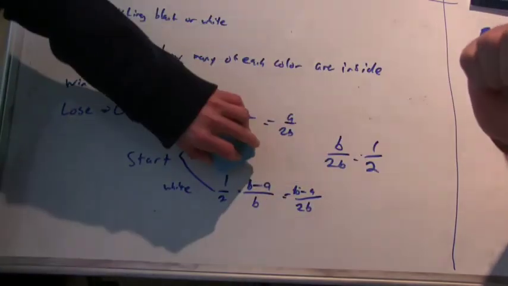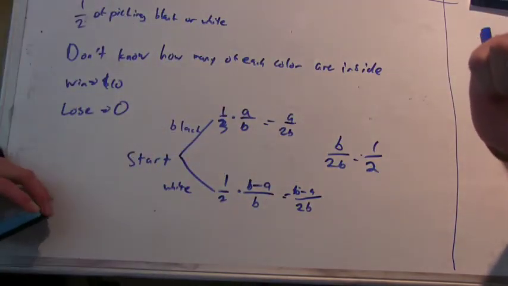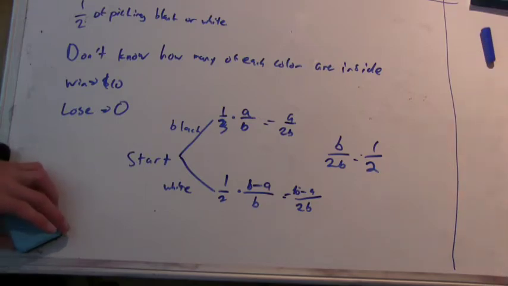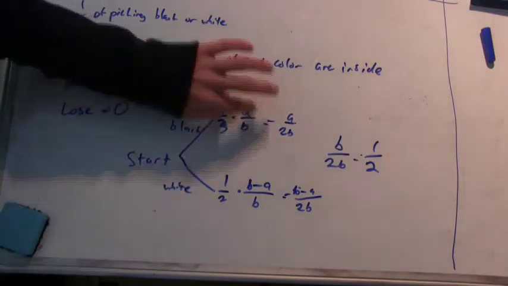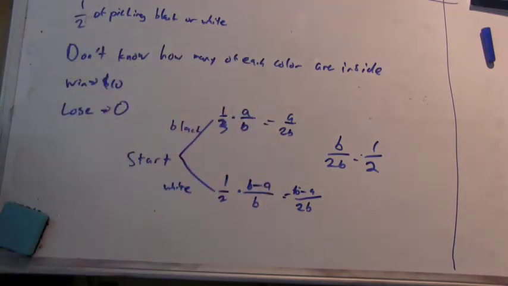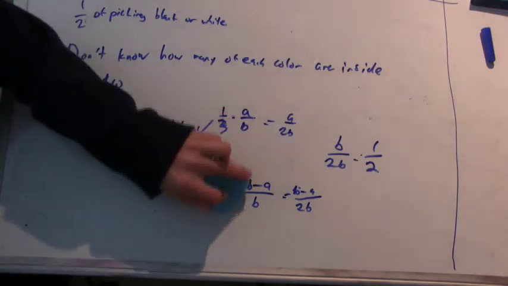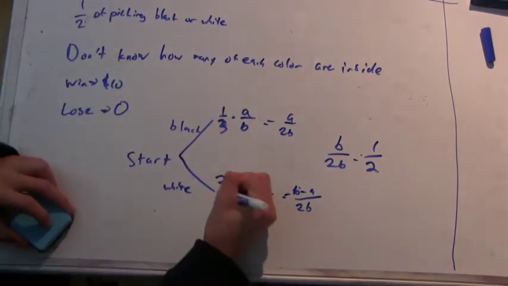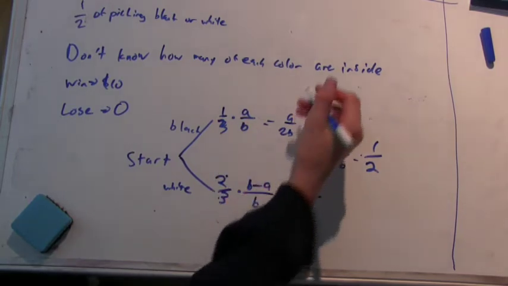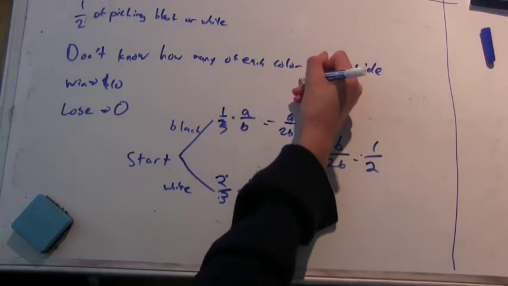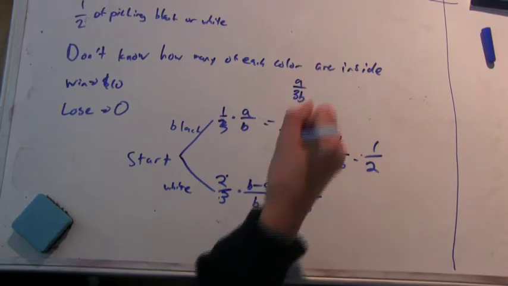Do you think, before you even do the calculation, that's going to improve your chances of winning? Make them worse, or leave them the same? Oh, since we don't know these, I think it might leave them the same. Okay. Let's do the calculation. So for the top, we get A over 3B.